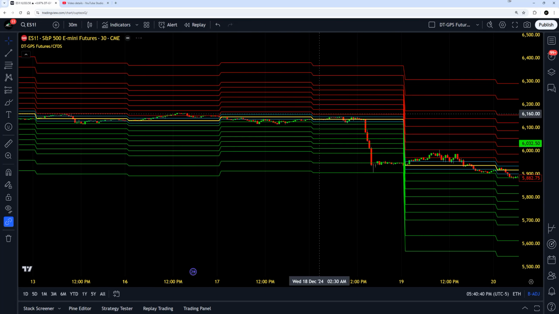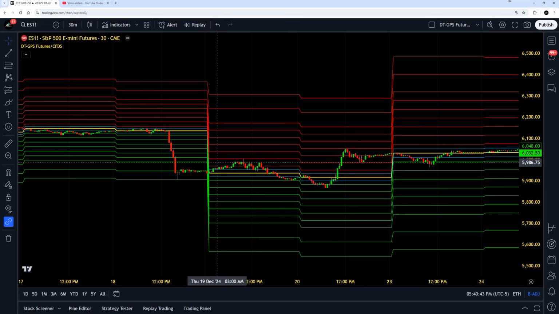Then it bounced off of S10 and went back to the level above it. So this is why we have 10 levels available that you can enable, because there are going to be days when stuff like this happens. And if we ever get a period of time, this is a Fed day, but there can be other reasons why it could happen besides Fed days, like if you go back to the COVID era, where they had the first 6 weeks of COVID and the market was going nuts every single day.